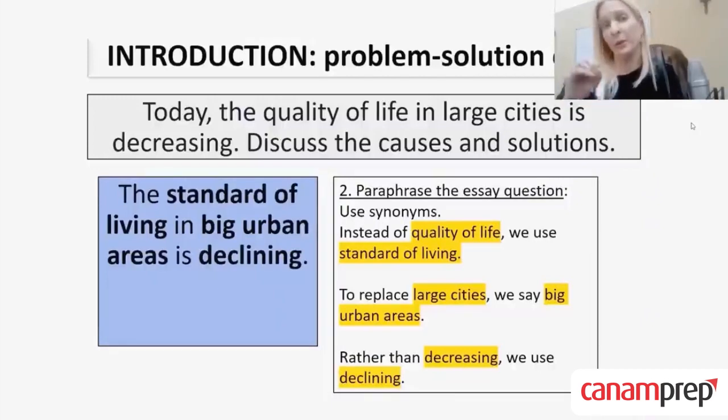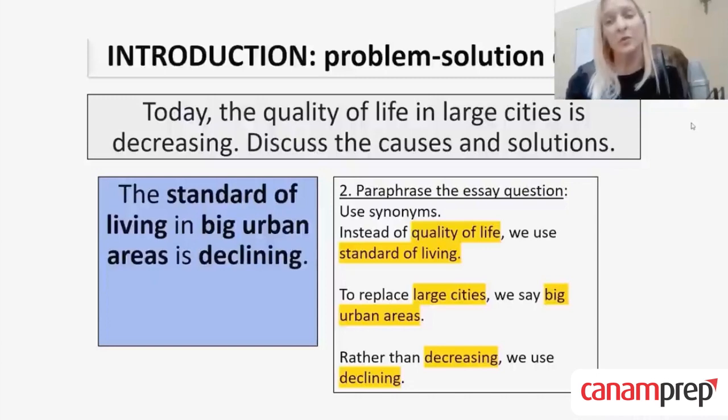So I've just replaced the words in the statement with synonyms, words that mean exactly the same thing. So instead of quality of life, I've written standard of living, instead of large cities, I've written big urban areas. And instead of decreasing, I've used the word declining.